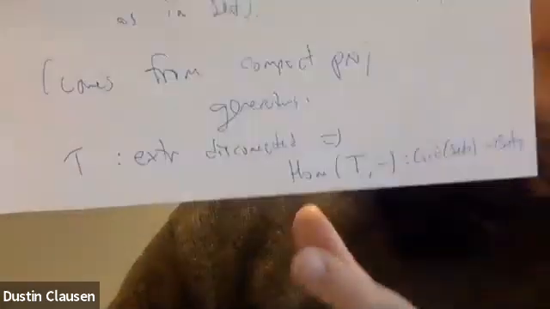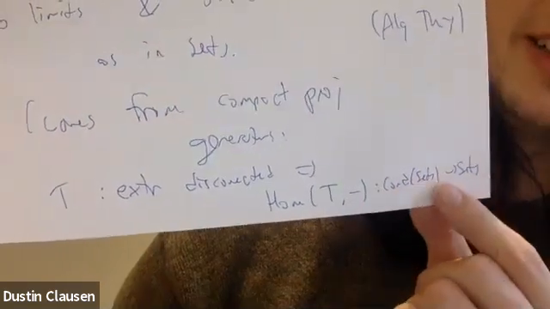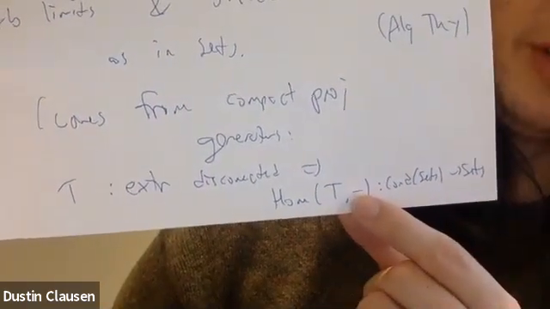So if you take T to be extremely disconnected, then Hom from T is a map from condensed sets to sets. So if you take T-valued points on any condensed set, that commutes with sifted colimits and arbitrary limits.